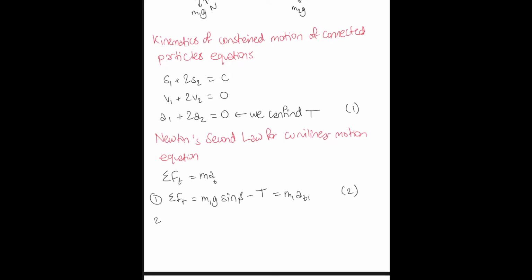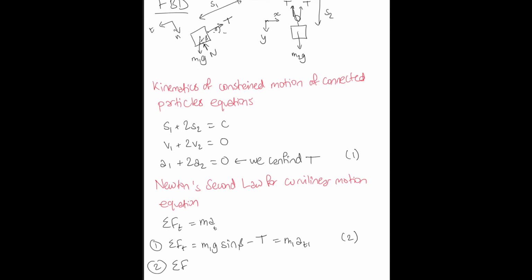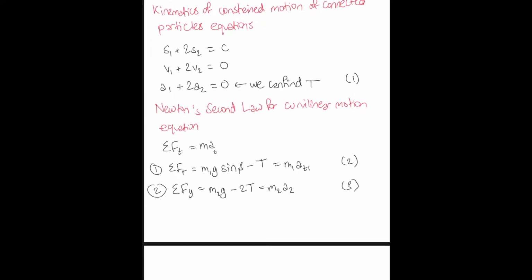Now for mass 2, we're going to do the sum of forces in the y direction, which is m2 g minus 2T is equal to m2 a2. This is going to be the third equation.